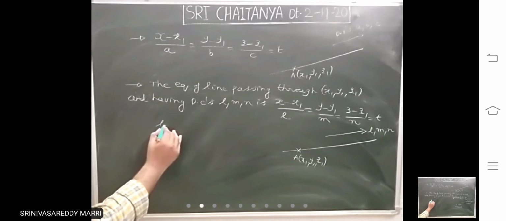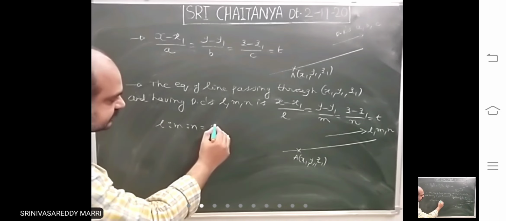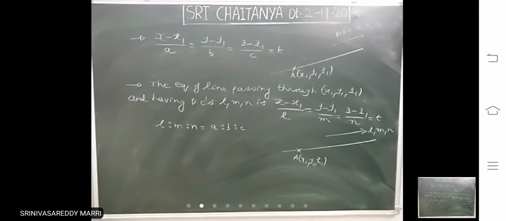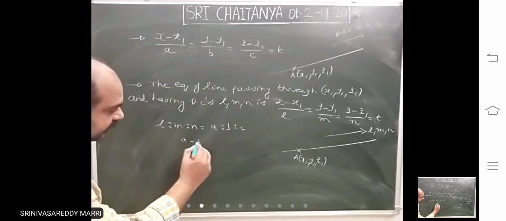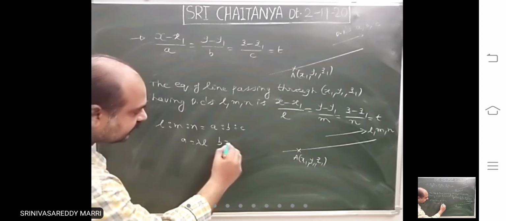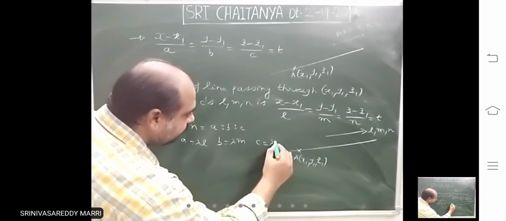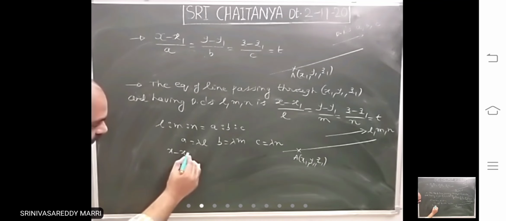You know that the DCs ratio and DRs ratio will be equal. l : m : n is nothing but a : b : c. Therefore, a you can write as lambda l, b as lambda m, c as lambda n. Now in this formula, you replace that, then you will get the answer.